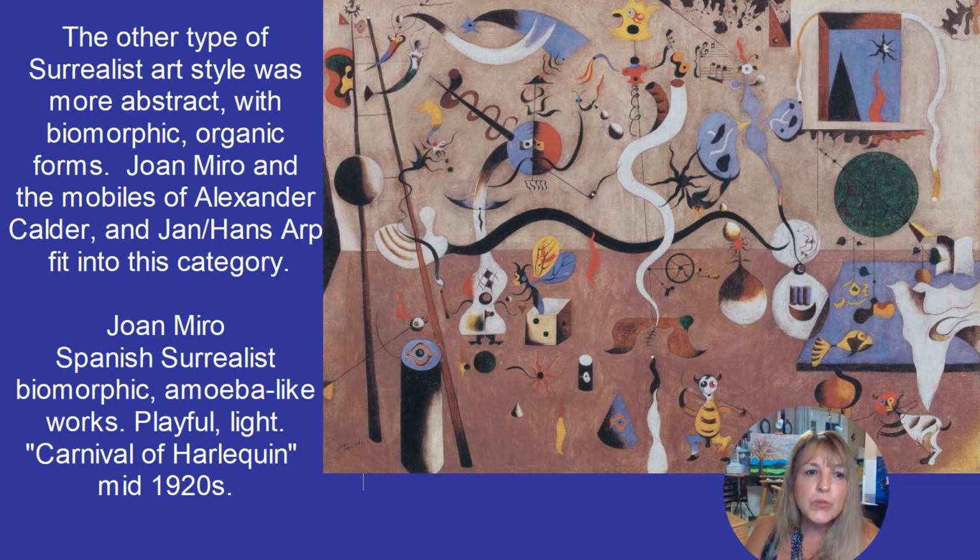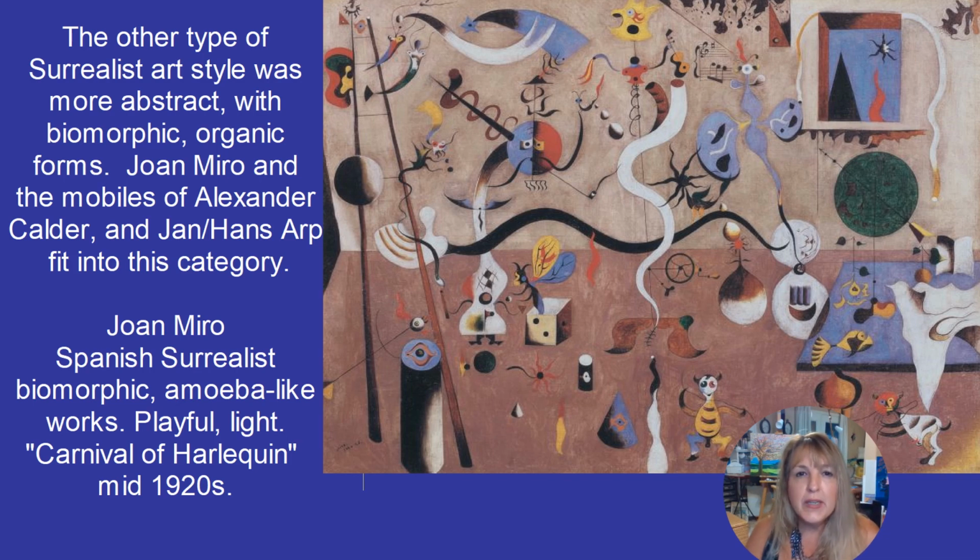So the other type of surrealist art was more abstract, more biomorphic, organic forms. Joan, it looks like Joan, but it's pronounced Juan Miró, and the mobiles of Alexander Calder and Jean Arp. Jean Arp, interestingly enough, spelled his first name two different ways.